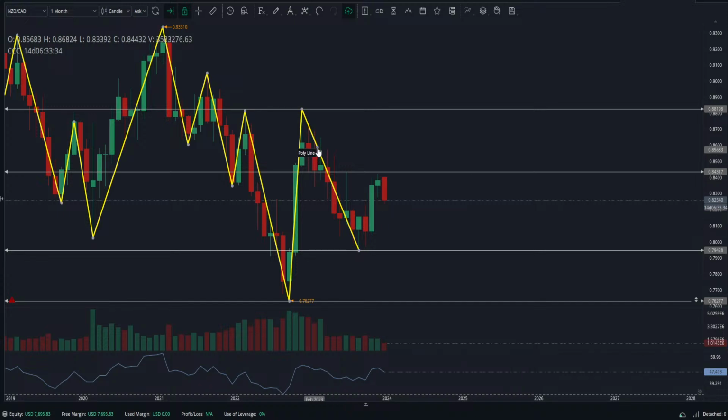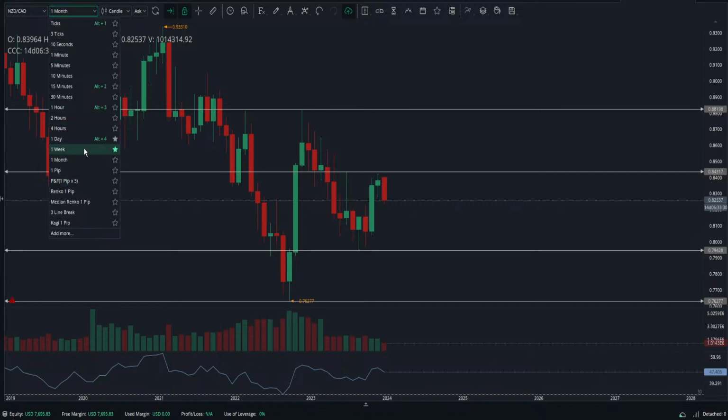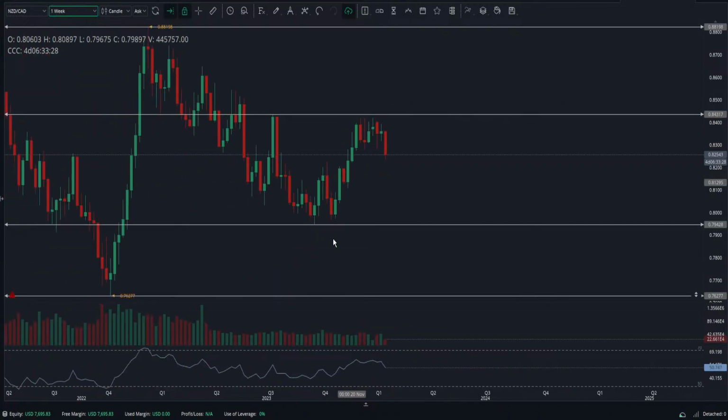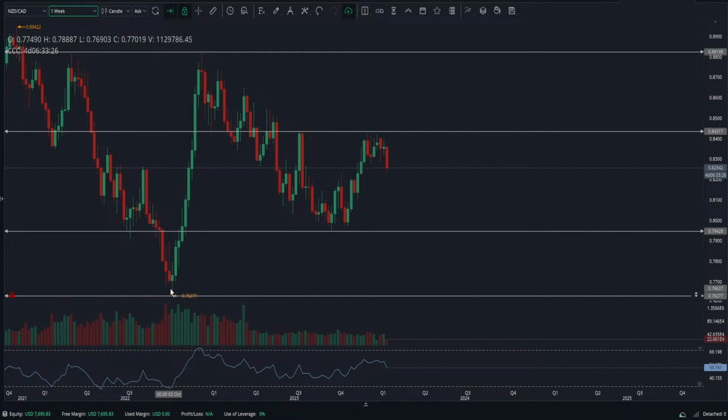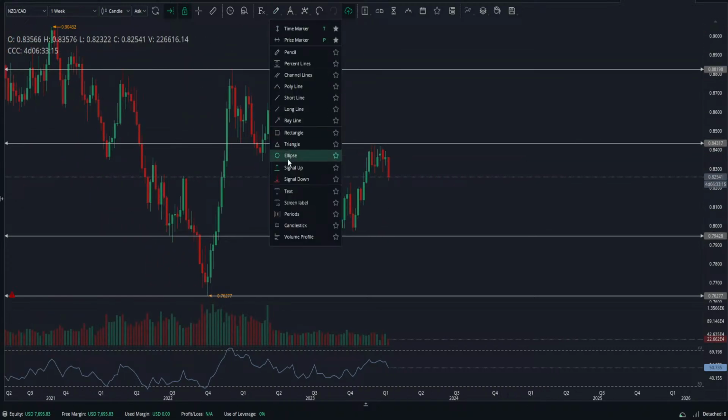Okay, now I just stop it and I go to the weekly. All right. So in the monthly, we think that these buyers here, they will be looking for a second opportunity, which I think they have got here, and they have tried again to buy. So were they successful? Let us check.